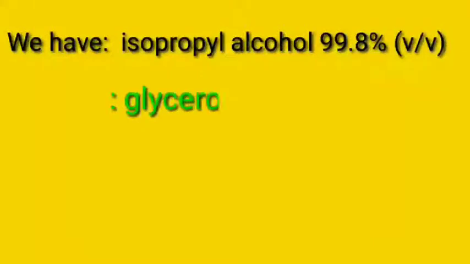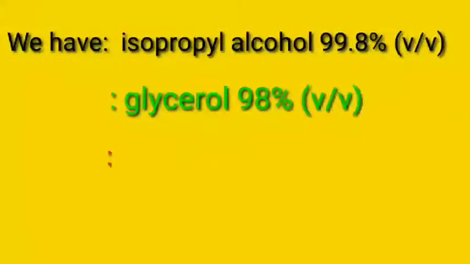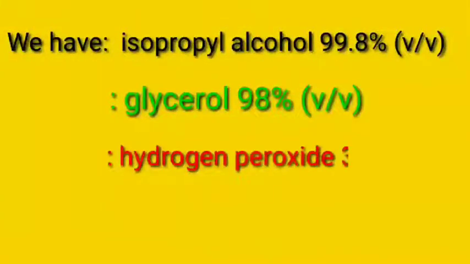But the commercially available percentage of isopropyl alcohol is 99.8%, glycerol 98% and hydrogen peroxide 3%. The calculation is the same as the earlier calculation we did for preparation of ethyl alcohol based hand sanitizer and hand rub.